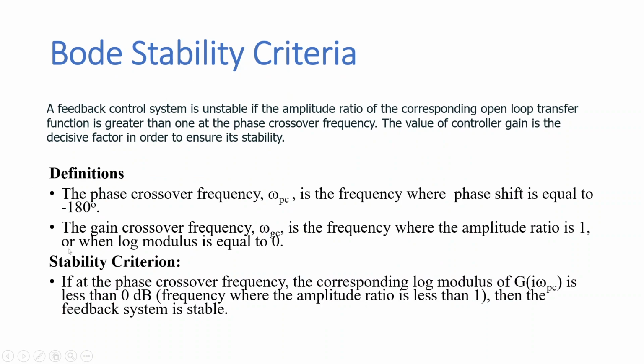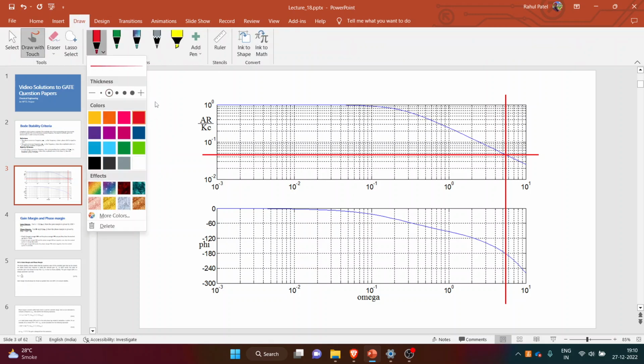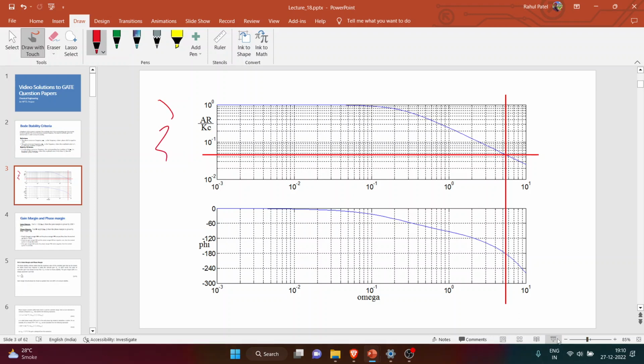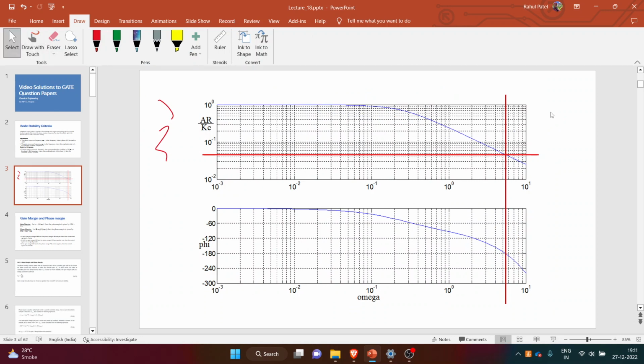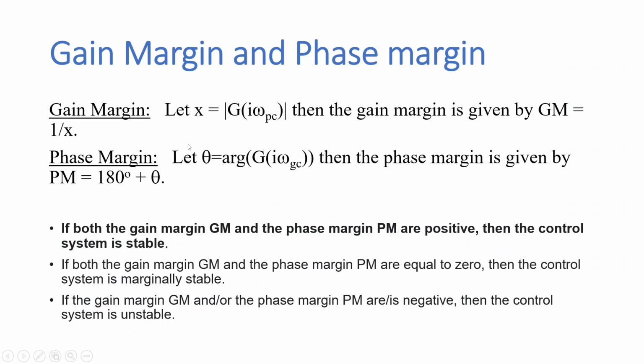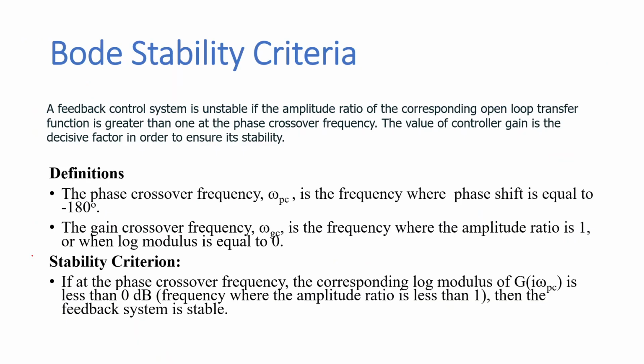So at the phase crossover frequency the system will be unstable if the amplitude ratio is greater than 1.